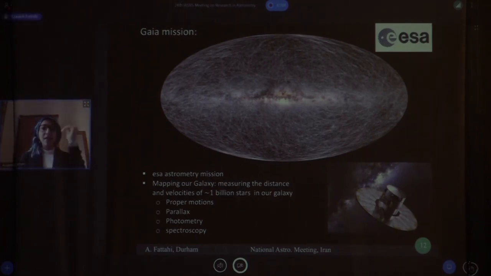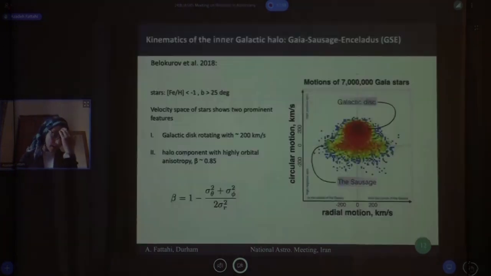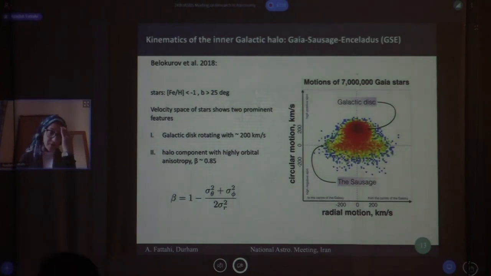Related to the stellar halo, one of the early big results that came out, some of you might have heard the name Gaia sausage or Gaia Enceladus. I'll tell you a little bit what that is about, because that's a key point in the rest of the talk.